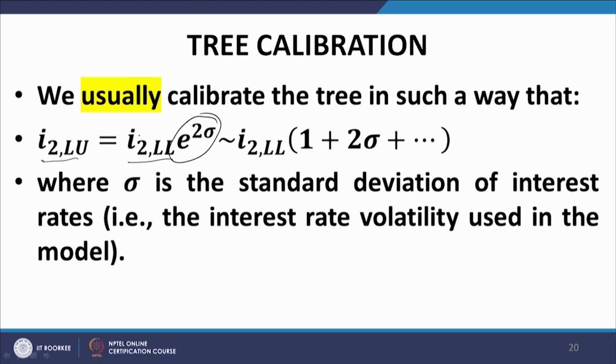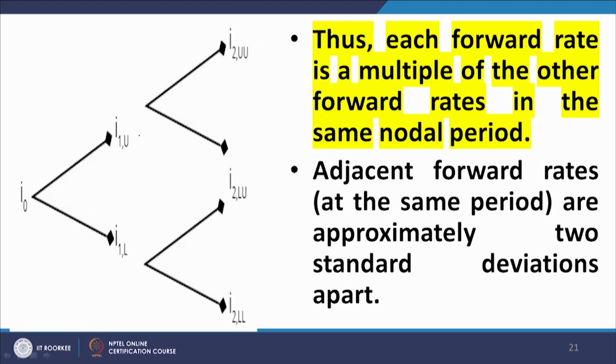What is sigma? Sigma is the standard deviation of interest rates, that is the interest rate volatility used for calibration of the tree. Thus each forward rate is a multiple of the other forward rates in the same nodal period. So, as you can see here, I1u will be equal to I1L e to the power 2 sigma, and conversely I1L will be equal to I1u e to the power minus 2 sigma.